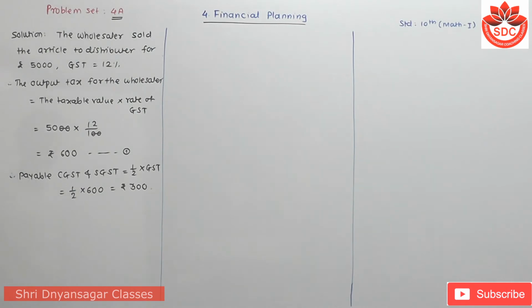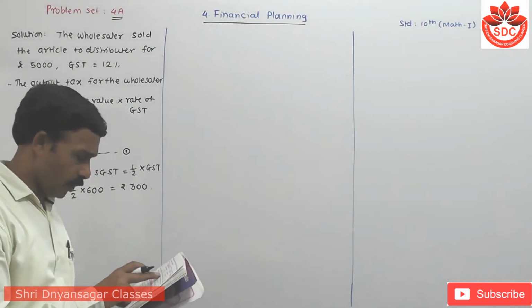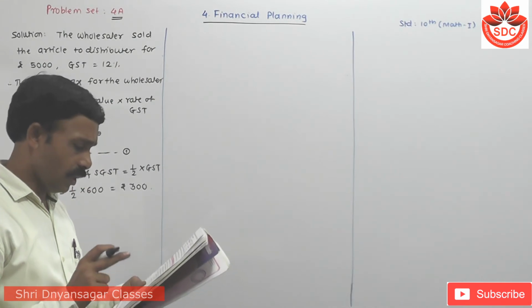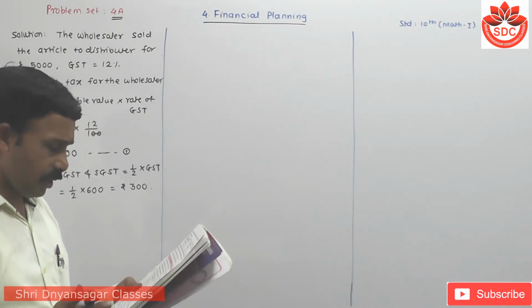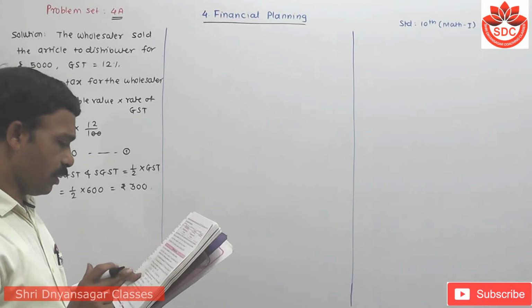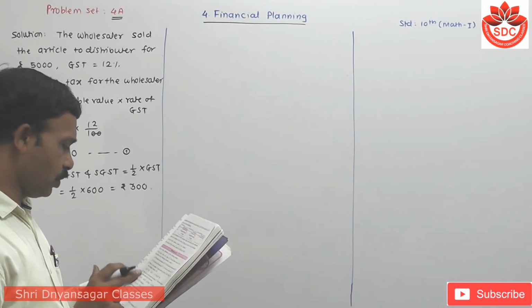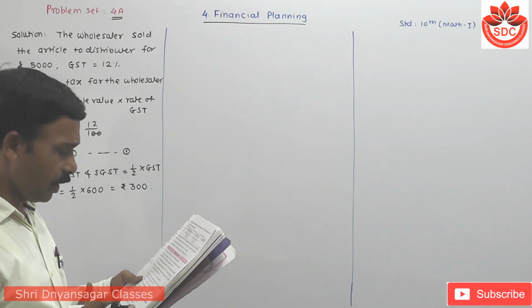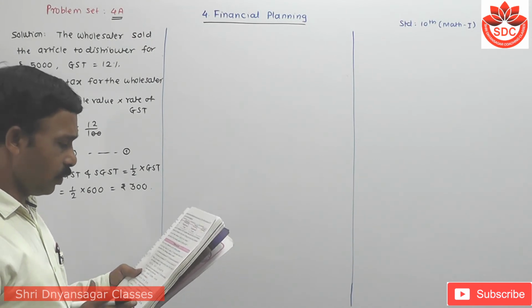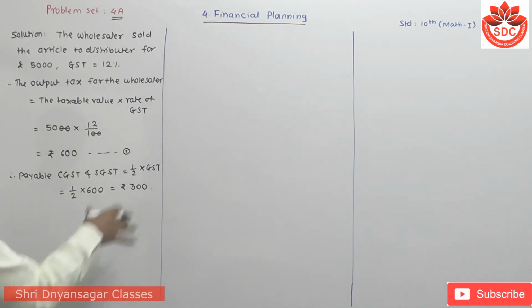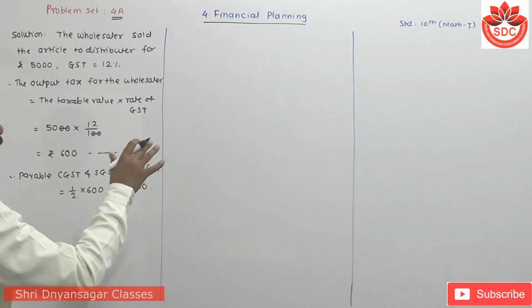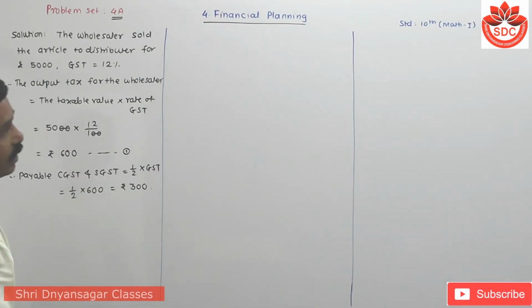Now students, for this I first have to prepare the chart also, because the question asks to prepare the statement of GST payable under each head by the wholesaler, distributor and retailer at the time of filing the return to the government. We have to take this portion to solve this example.